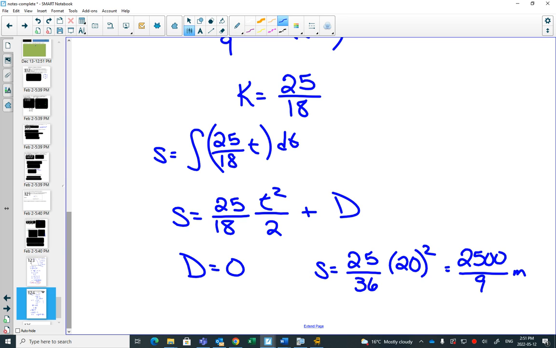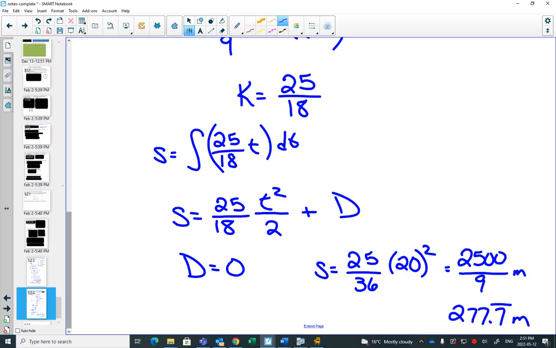As a fraction. So you go about 300 meters to reach 100 kilometers per hour in 20 seconds.